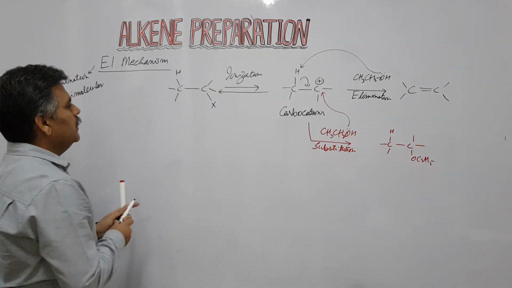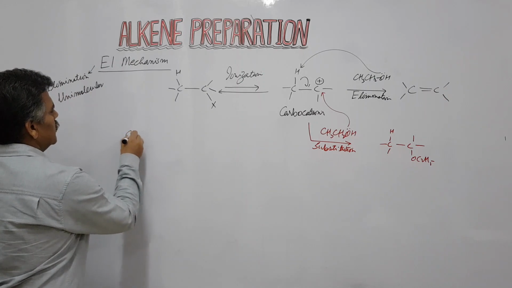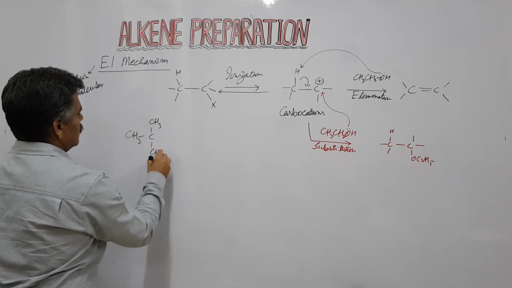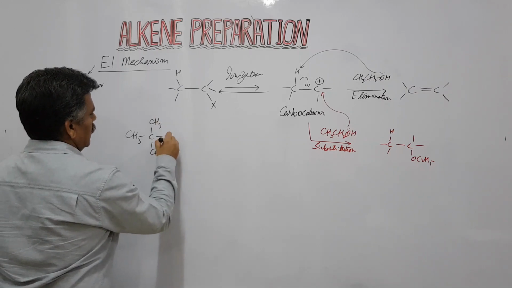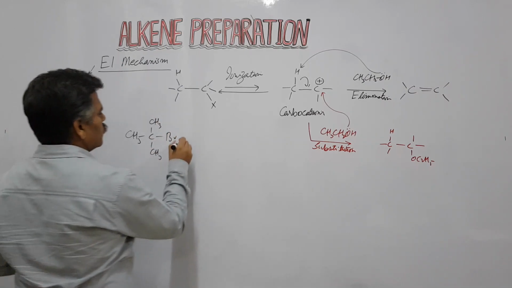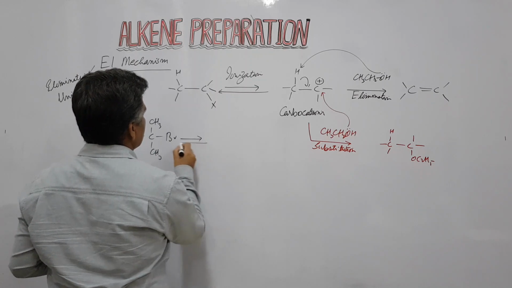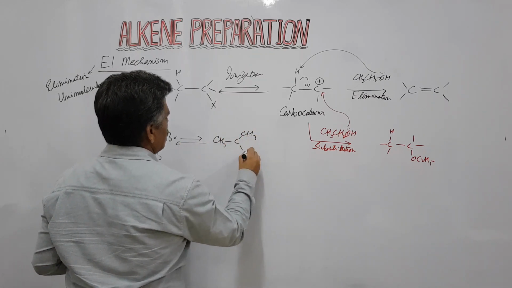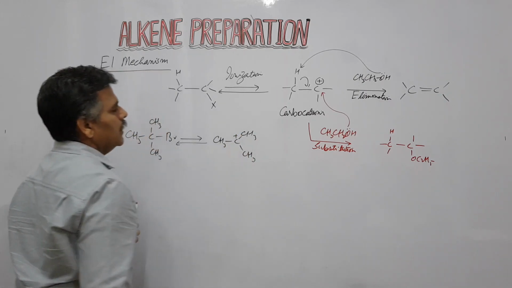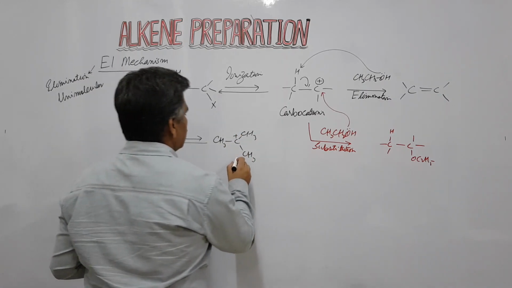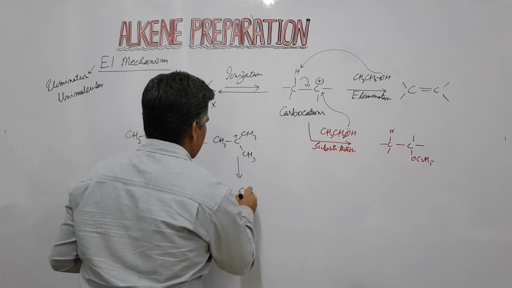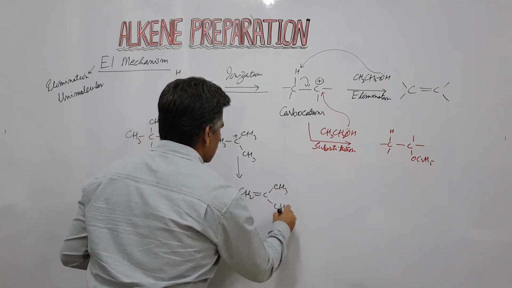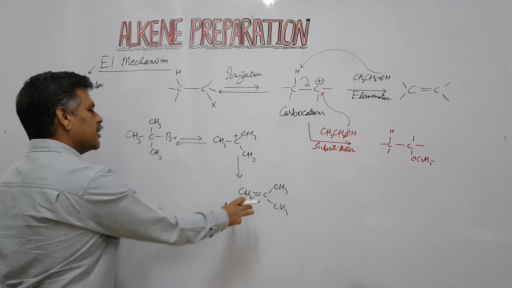Our substrate is normally CH3, C, CH3, CH3 with Br. The first step gives the CH3, C, CH3, CH3 carbocation, and then by elimination we have CH2, CH3. This is the elimination product.